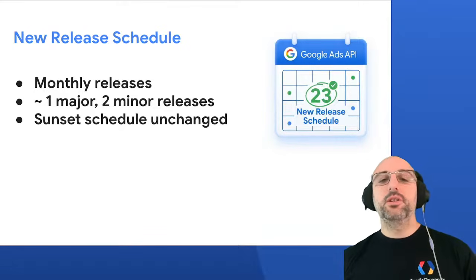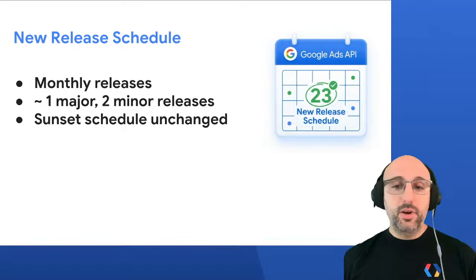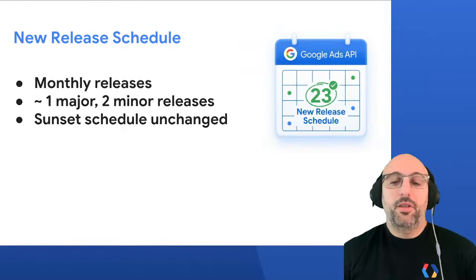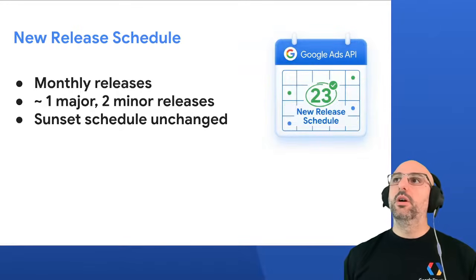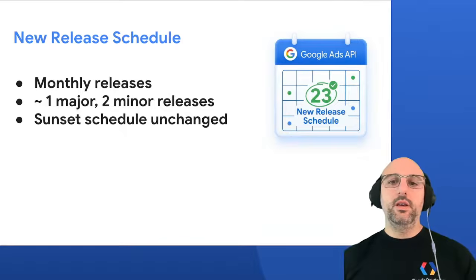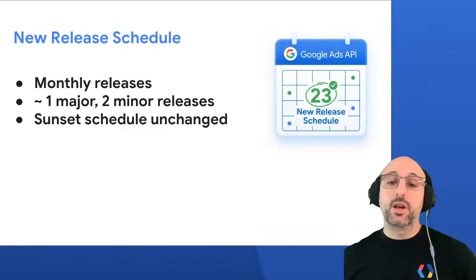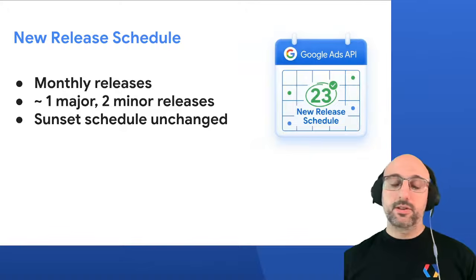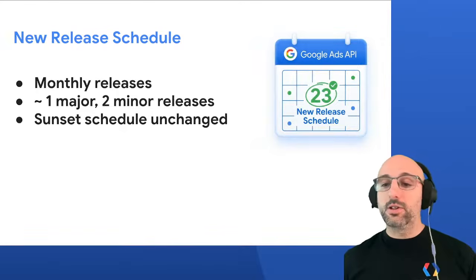Generally speaking, this means that we're still going to be doing 3 releases a quarter, because it's one a month, but only one of these will be a major version. The way we mean major versions is that a major version can contain breaking changes, whereas minor versions, such as V23.1, the one that just came out, are not going to contain any breaking changes.